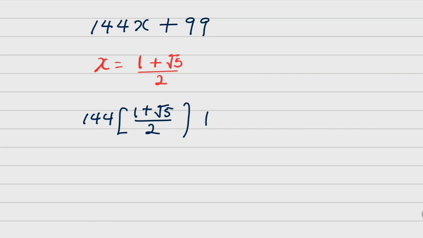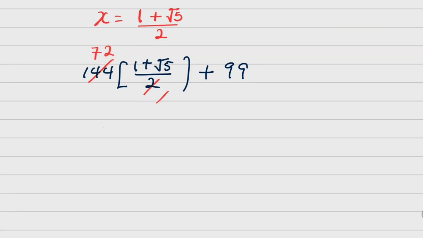Then plus 99. You can see that 2 here and 2 here, we have 72. So I'm going to have 72 into 1 plus root of 5, plus 99.